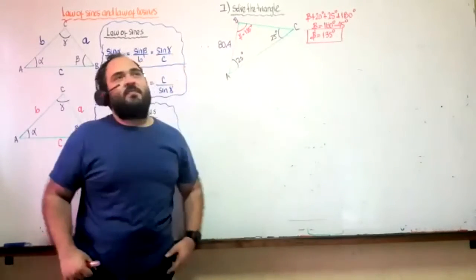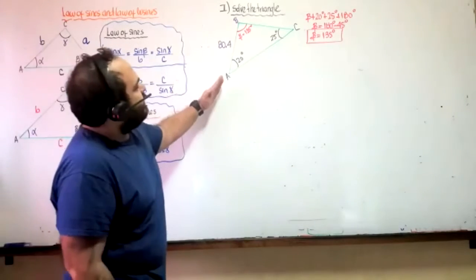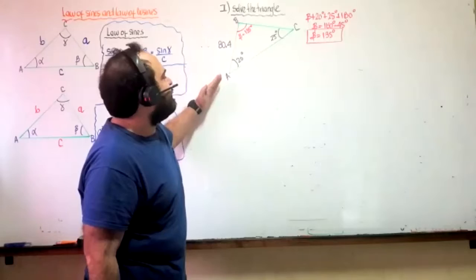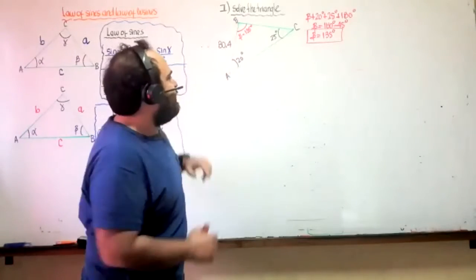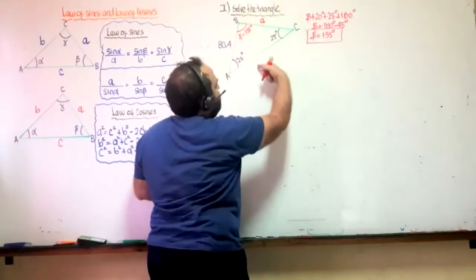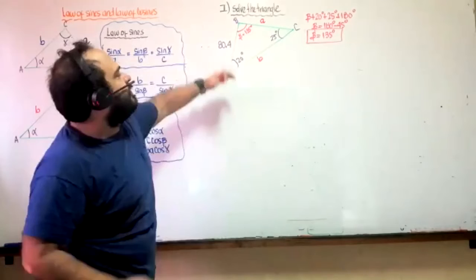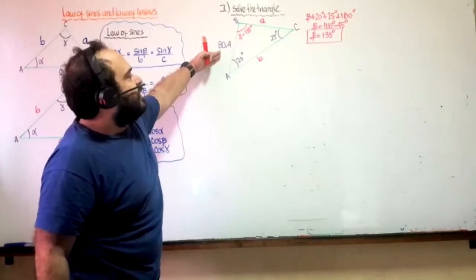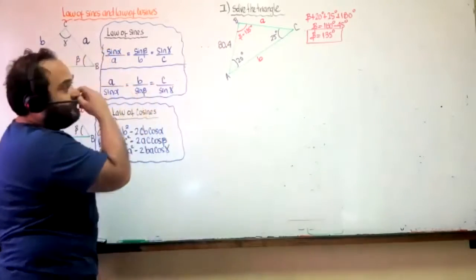A, because remember, the name of the legs is labeled like the opposite vertex. So this is the leg A, this is the leg B with 80.4 because it's a known value, and this is the leg C.